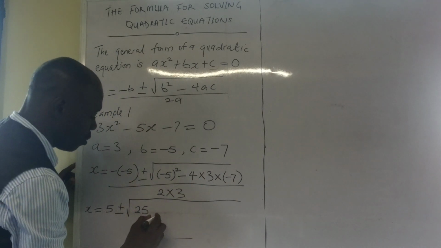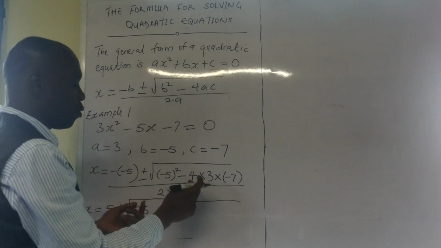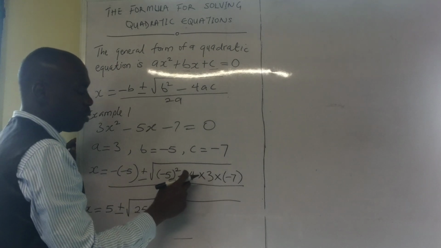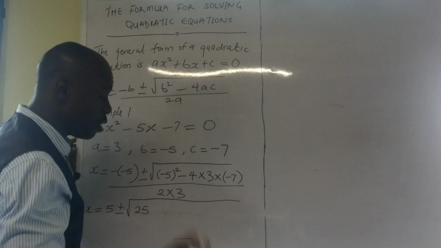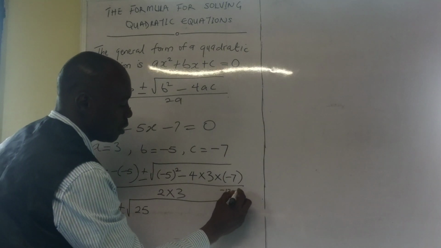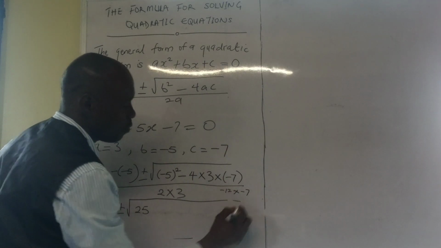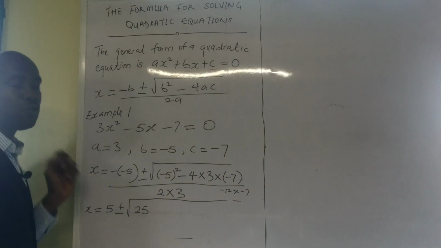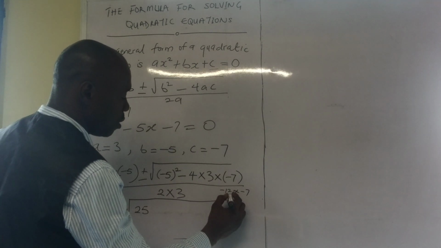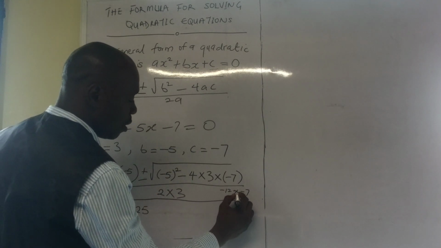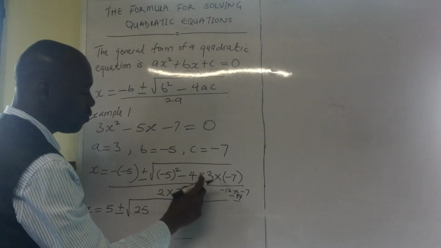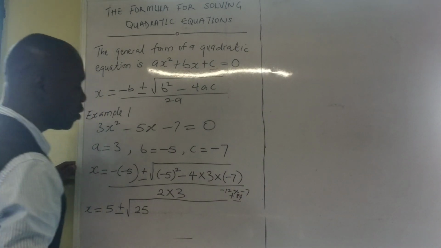Then here too, let's hold on first. 4 times 3 is 12. That means negative 4 times positive 3 is going to give us negative 12. Negative 12 times negative 7 is going to give us positive 84.